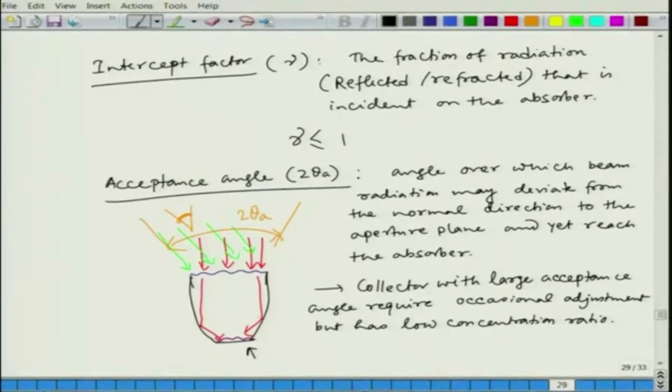But most like the parabolic trough or parabolic dish, they have 0 acceptance angle, because you have to have normal radiation on the aperture, then only the concentrator or the reflector or refractor will work and deviate the sunlight in such a way that it reaches the absorber.